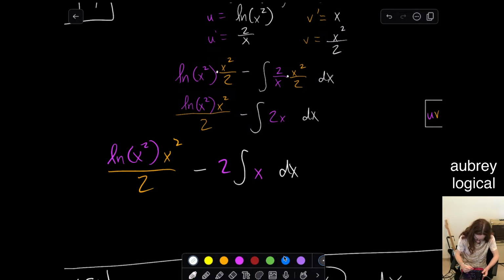So, the integral of x, this is an antiderivative, so we are adding a power and not subtracting a power, so it's going to be x plus 1, so that'll be x squared over 2. So now we have 2 times x squared over 2. Let's go ahead and cancel those, and then we're just left with x squared. And the dx is gone because we integrated.